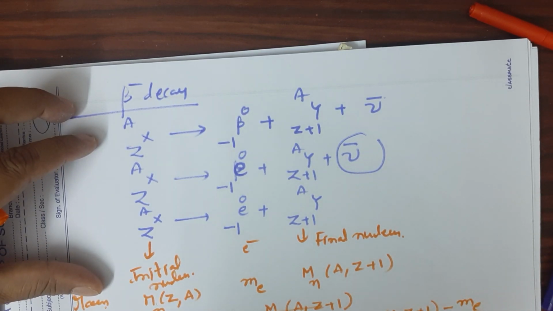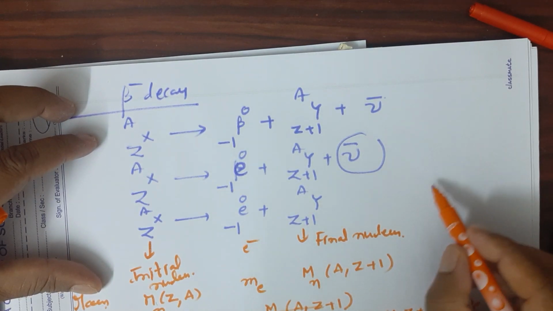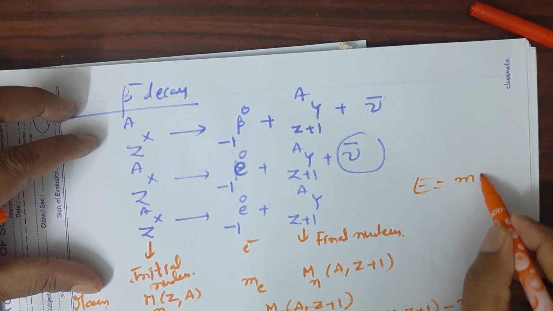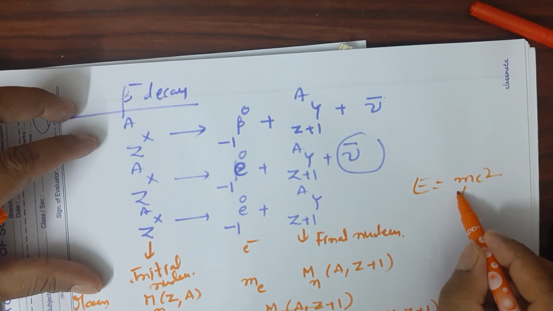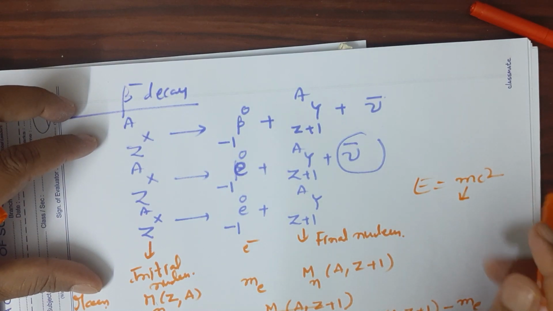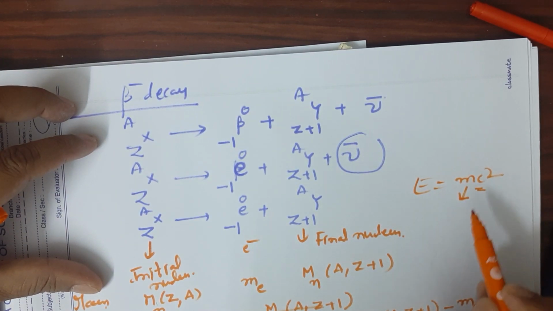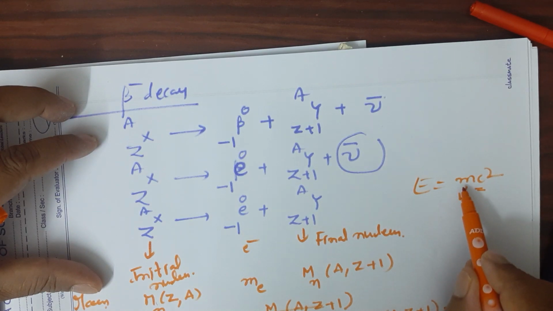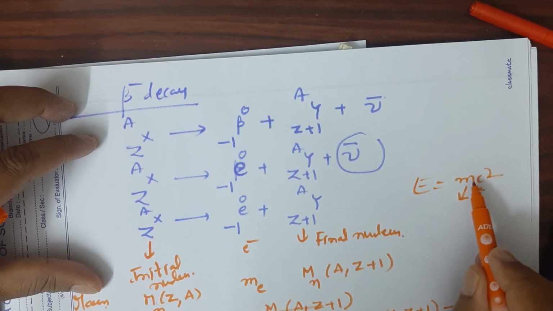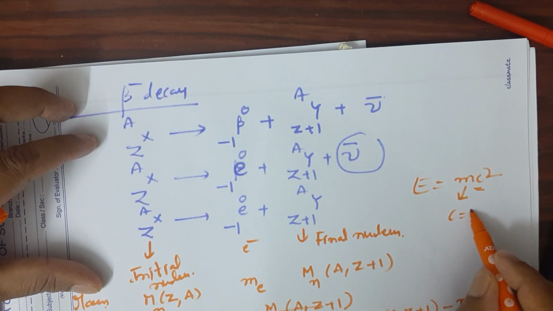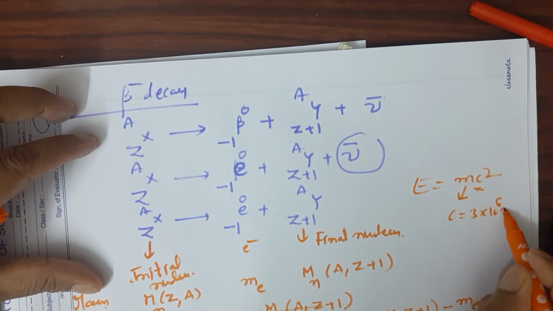So from Einstein's mass-energy relation, E is equal to mc square. If mass m is destroyed, the equivalent energy mc square is liberated. If in any nuclear reaction mass m is created, then mc square amount of energy will be absorbed, where c is the speed of light, 3 into 10 power 8 meter per second.